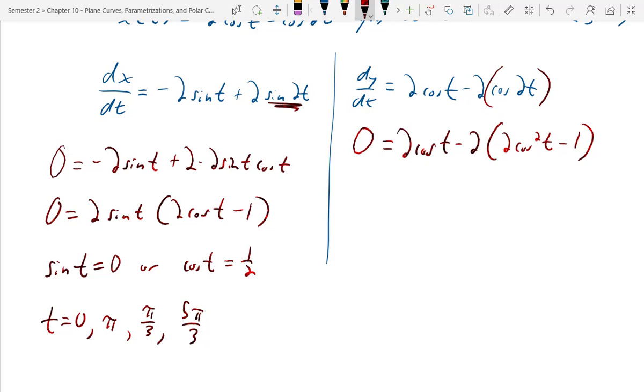Because we're setting that equal to 0, I can cut the 2 out and switch some of the signs around: 2 cosine squared t minus cosine t minus 1.